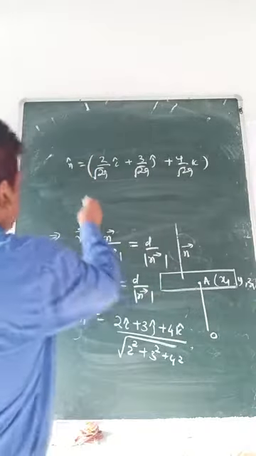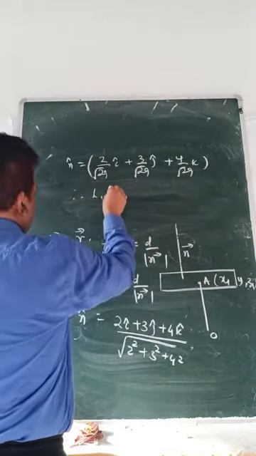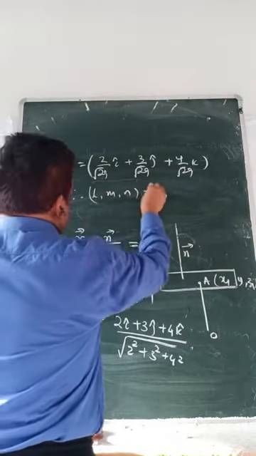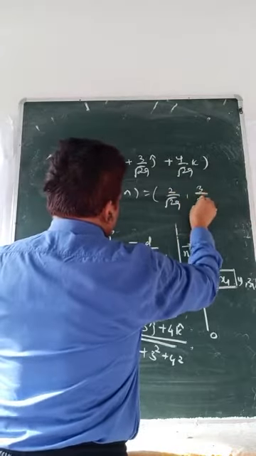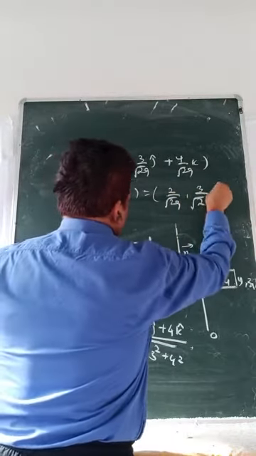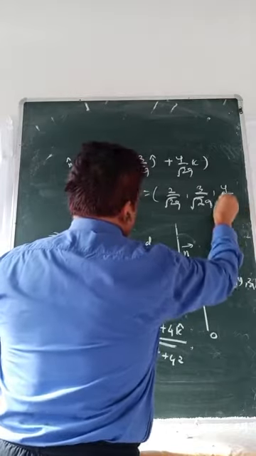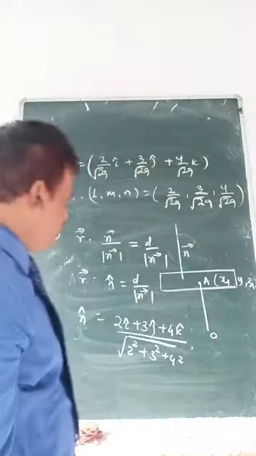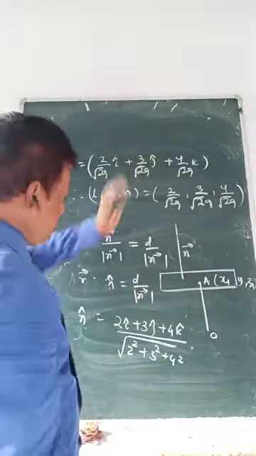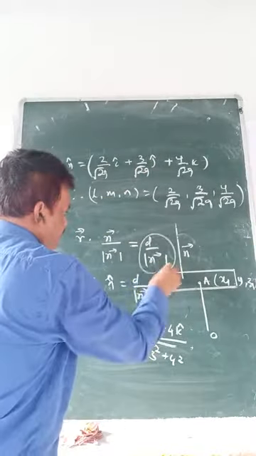So you can write the elements 2 by root 29, 3 by root 29, 4 by root 29. Got it? Okay, D, which one is D? That is not D. This is your D for you now.